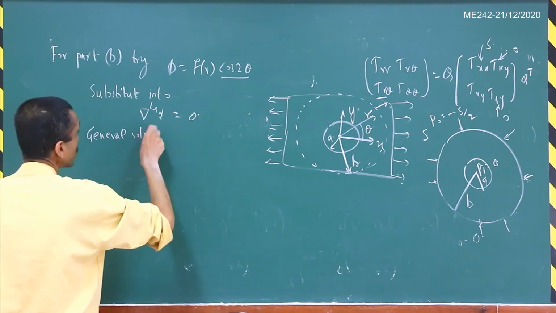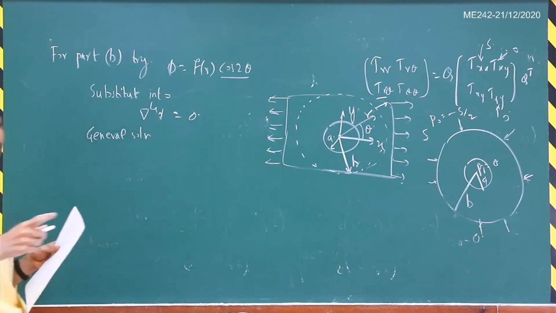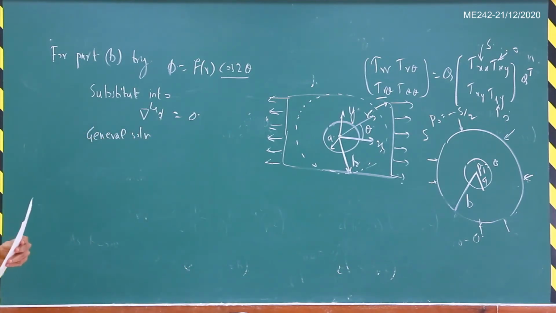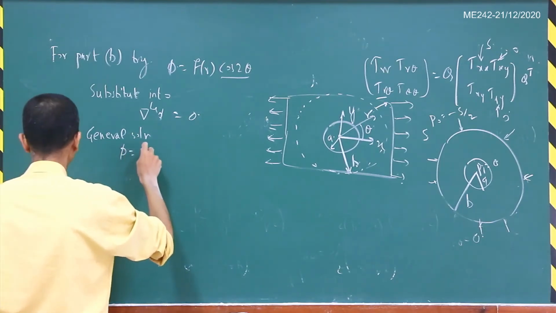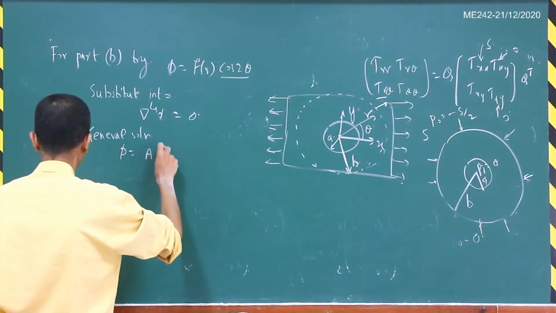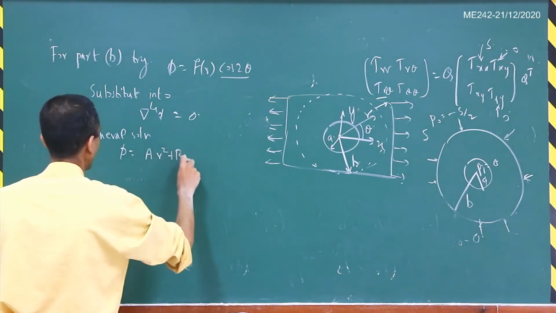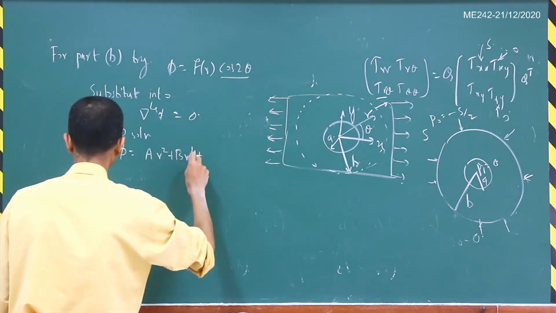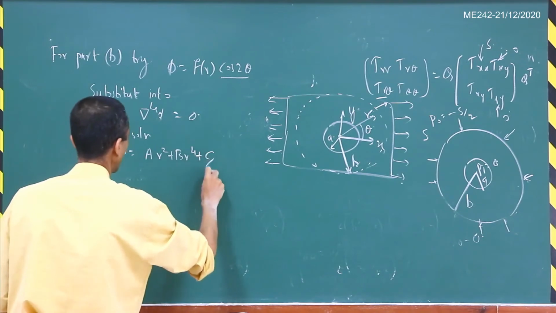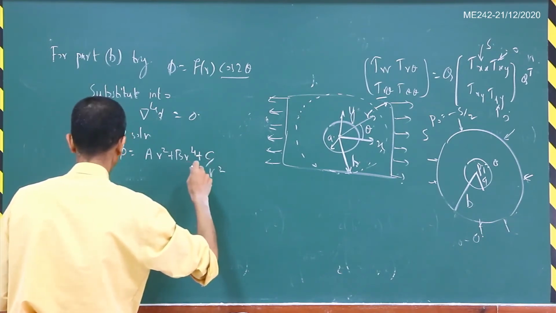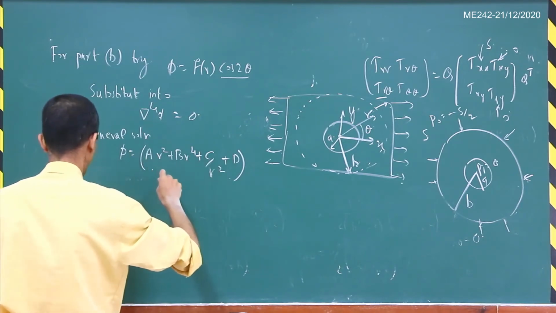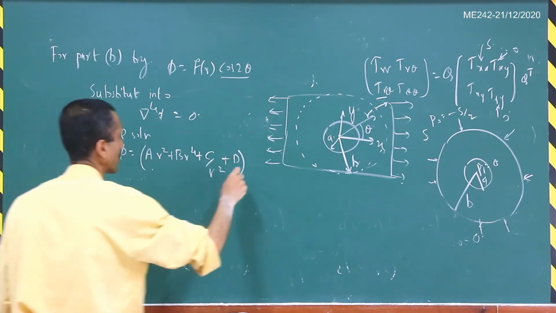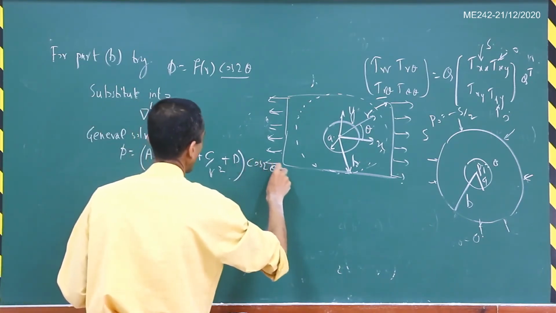Because it is fourth order, you will get 4 terms with 4 constants in it. So you will get the general solution phi is equal to a r square plus b r to the 4 plus c by r square plus d, times cos 2 theta. So this is your f of r.